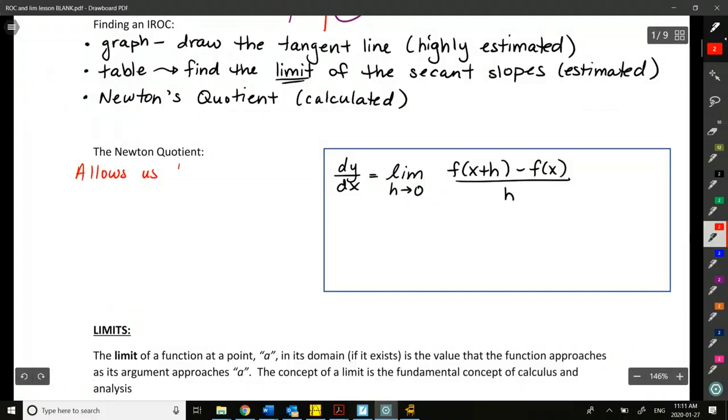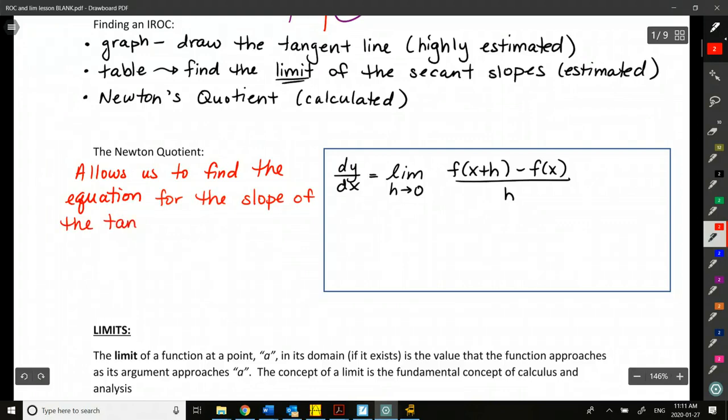This allows us to find the equation for the slope of the tangent line, or in other words, the instantaneous rate of change, anywhere on the function.